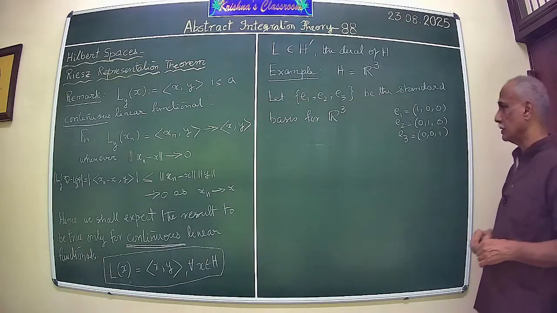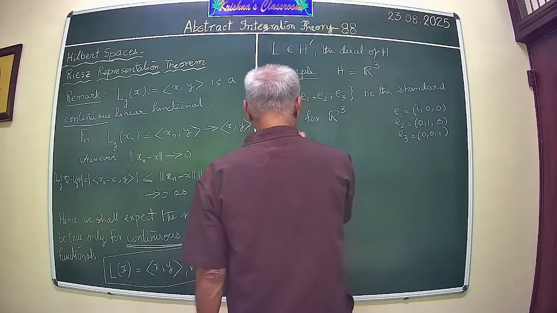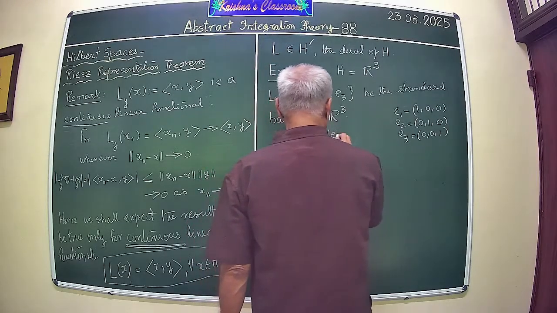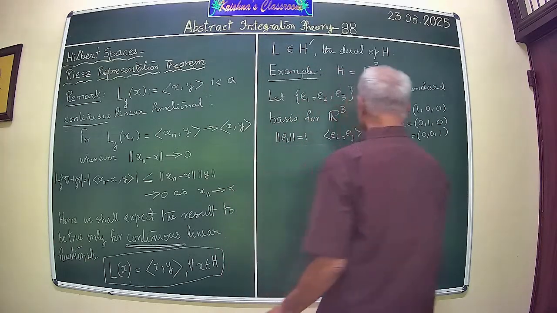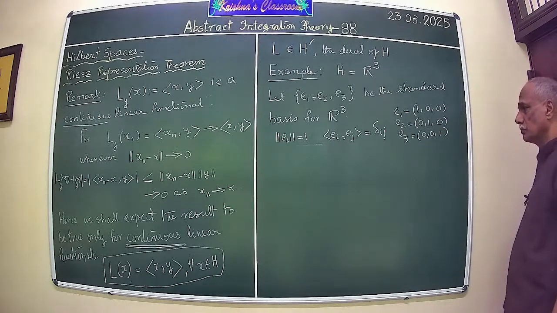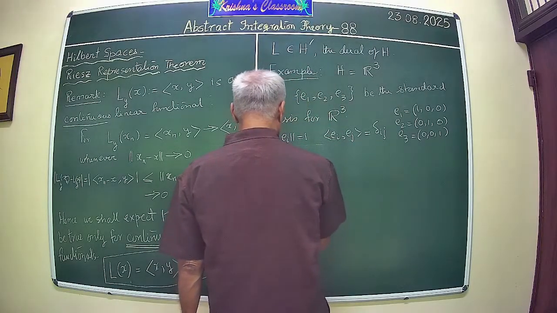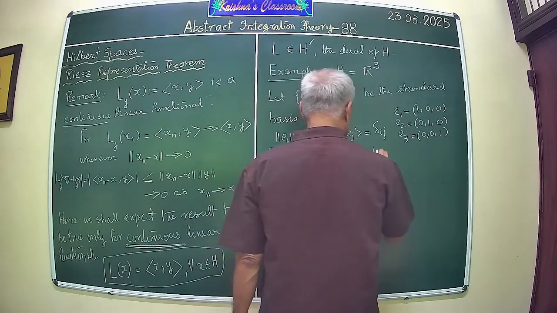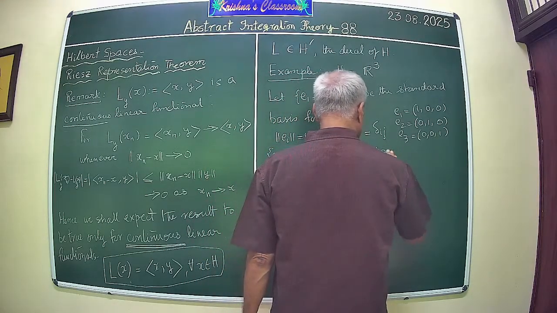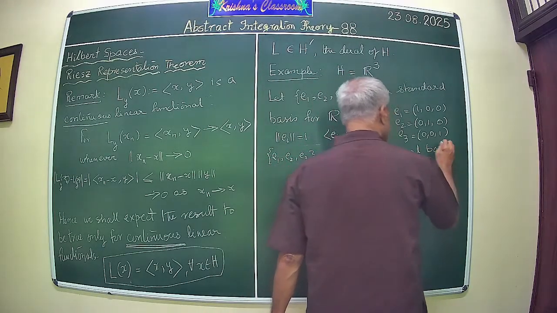It's an orthonormal basis also. We have the inner product of Ei and Ej equal to delta ij. Okay, that means this is an orthonormal basis for R3.